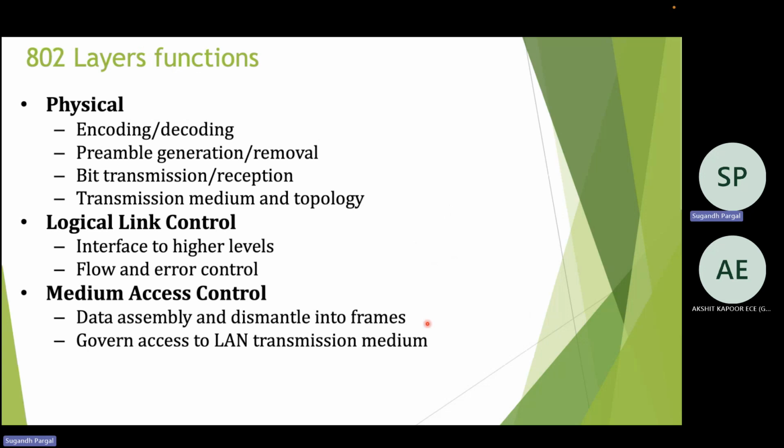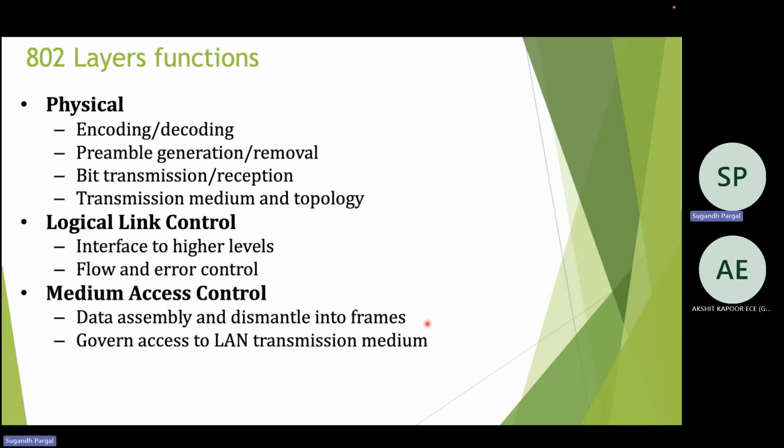Now we will dig deeply into the functionalities of each of these layers. If we first consider the physical layer, it helps with encoding and decoding of the data. We cannot directly transfer the data from one host to another in the same form as it is present in one host, because it might be attacked by various breachers.